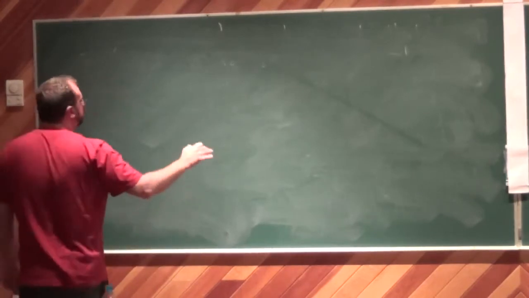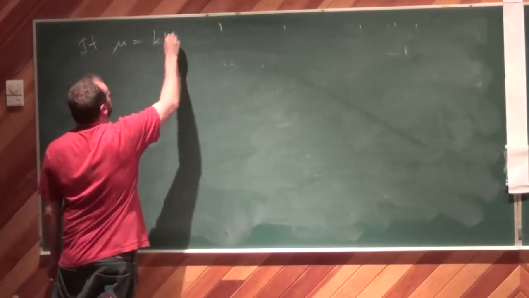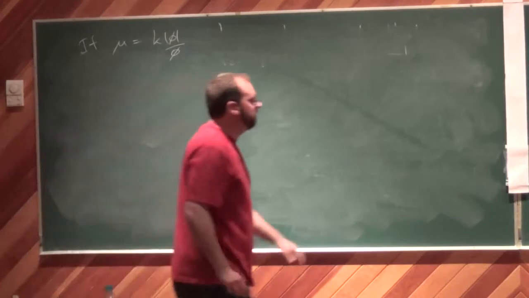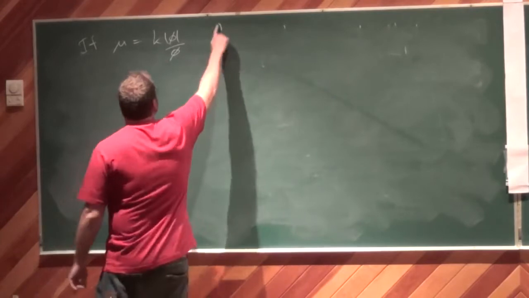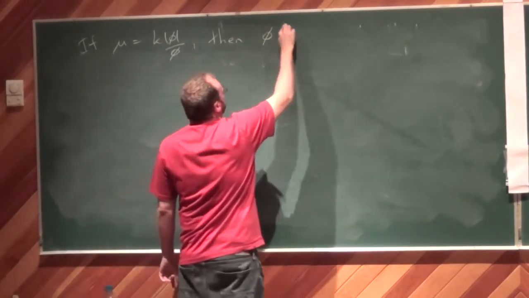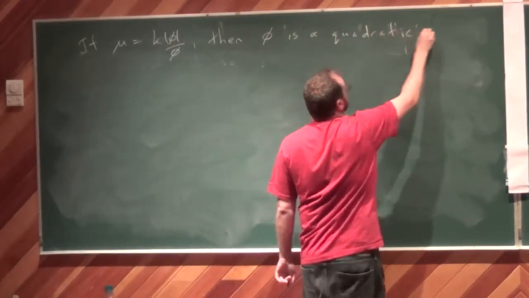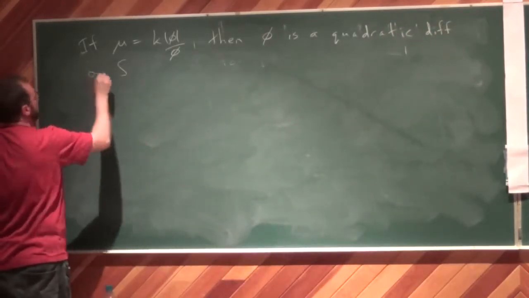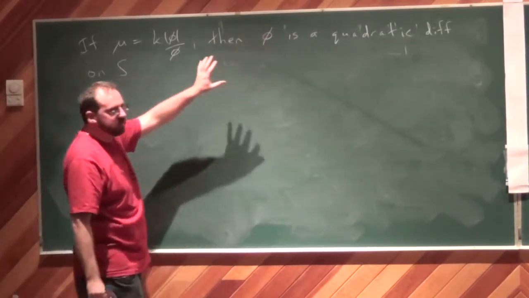So if our Beltrami differential is of Teichmüller type, then phi is a quadratic differential on S, and we can talk about trajectories and so on of this quadratic differential.